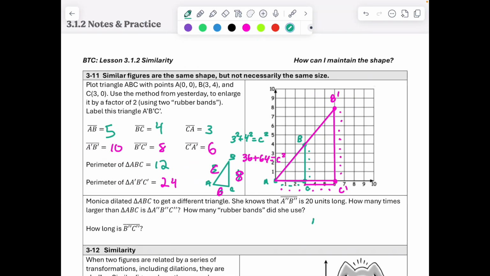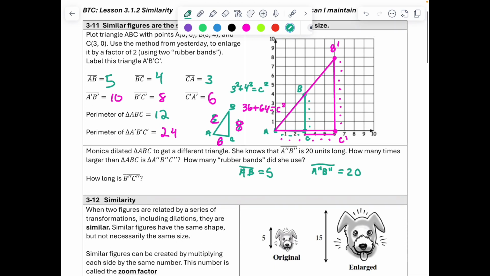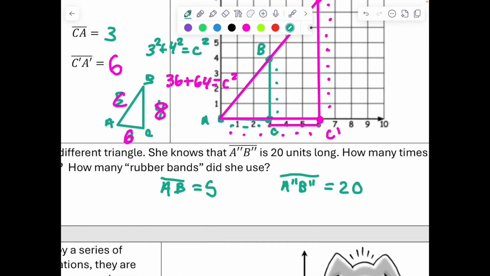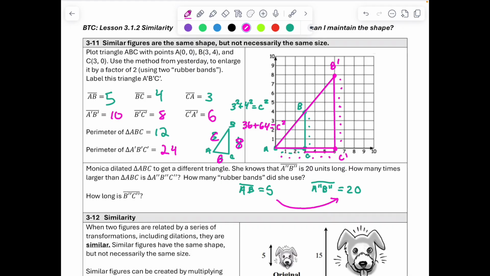So the triangle that Monica used, A double prime, B double prime, was 20 units long. The original AB was 5 units long. So basically, what did we dilate this by to get from 5 to 20? Okay, and you might know that 5 times 4 is 20. So this was dilated by a factor of 4.